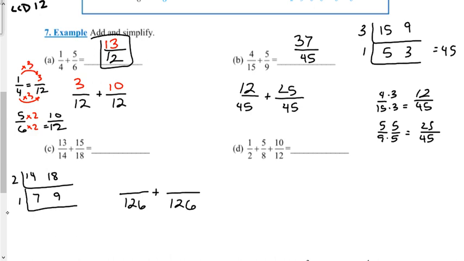Okay, so now I've got to figure out 13 14ths times what, top and bottom, equals 126. Well, something that's kind of interesting here is 2 times 7 is 14. 14 times 9 is 126.